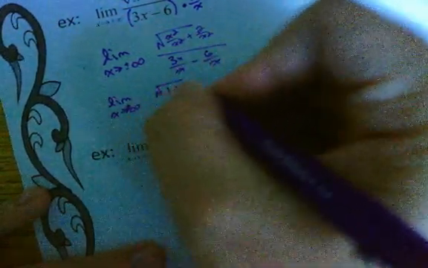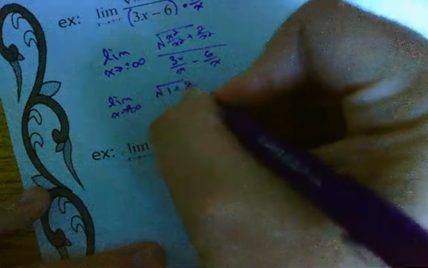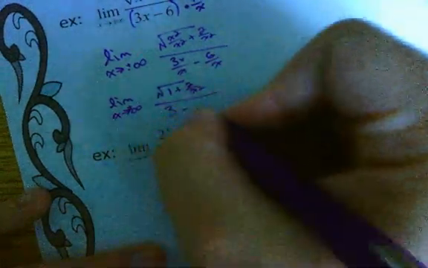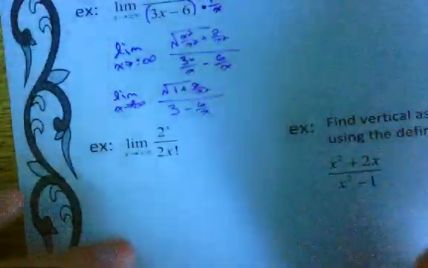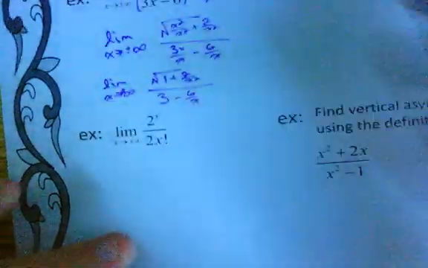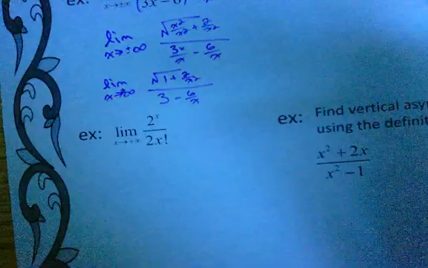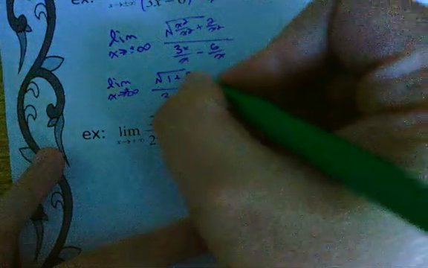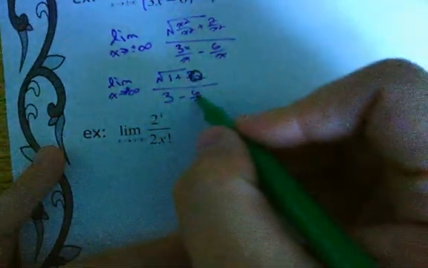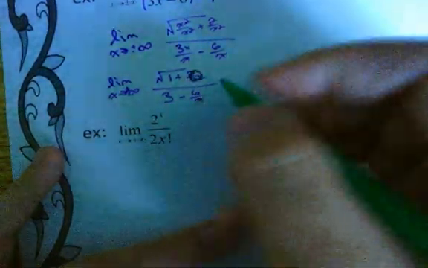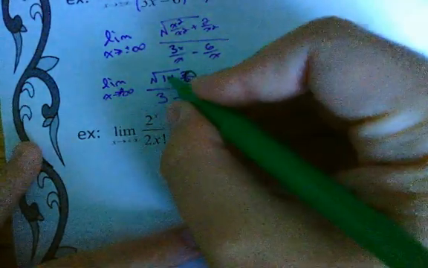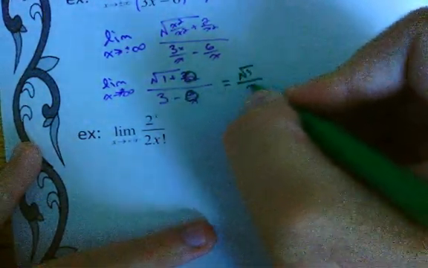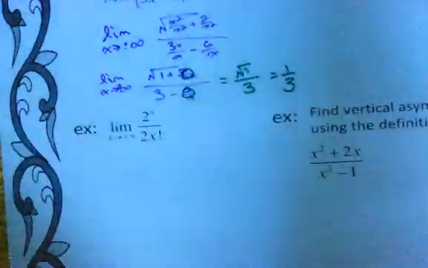I get root of 1 plus 2 over x squared, all over 3 minus 6 over x. I just canceled out those x's and those x squareds. Now we can start to zero some of these things out, like 2 over x squared. x squared grows faster than 2, so that's going to be 0. Same thing here: you have a constant over x, so it just turns into 0. Those are zeroed out, and you get an answer of root 1 over 3, which is just 1 over 3.